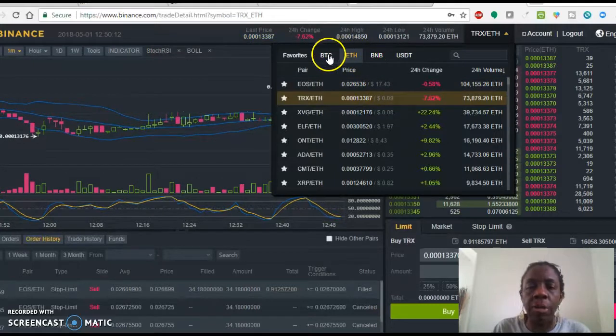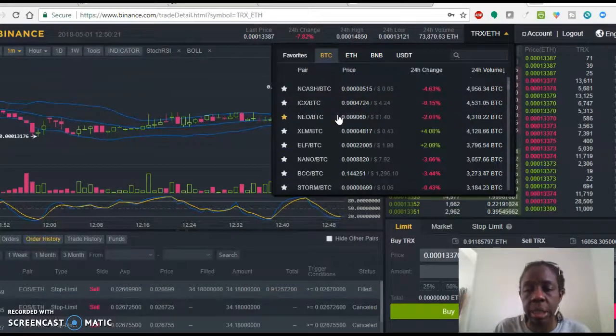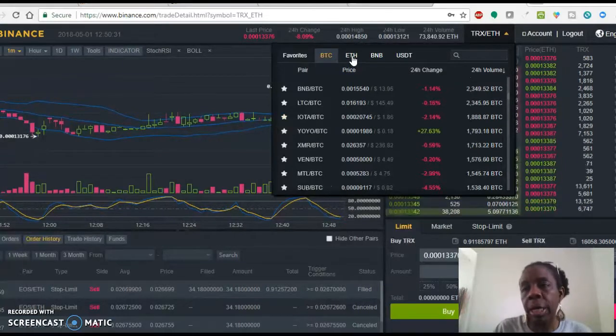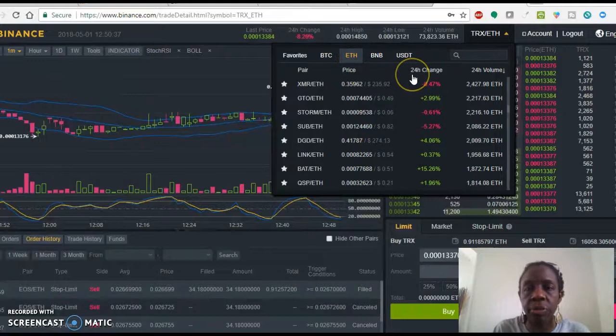If you have Bitcoin that you have transferred to the Binance platform, then you click up here on Bitcoin and it will show you all the different Bitcoin altcoin pairs. For me, I use Ethereum. I moved Ethereum to my Binance platform here, and I use Ethereum to purchase my coin of choice.